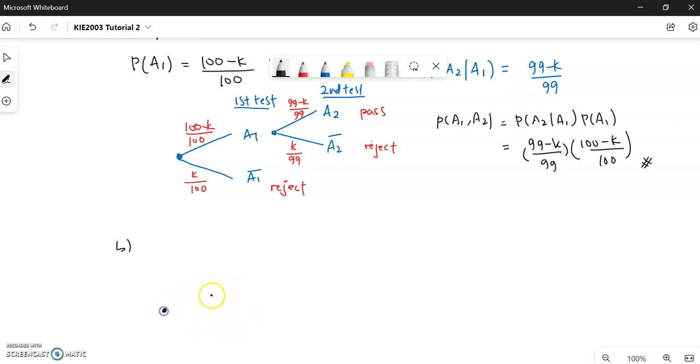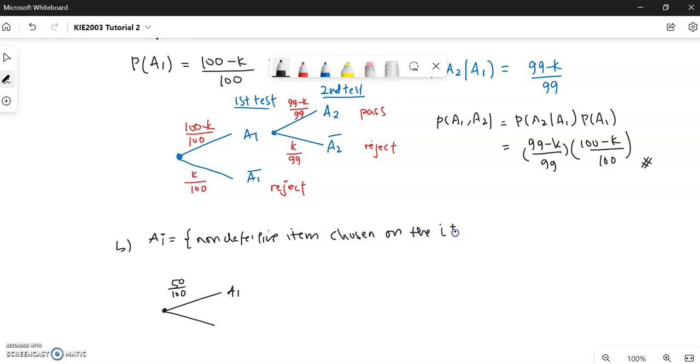Let's say we have the first test A1. The probability that you pass the test is 50 over 100 because there are 50 items that are non-defective. So A_i is the non-defective item chosen on the i-th test.